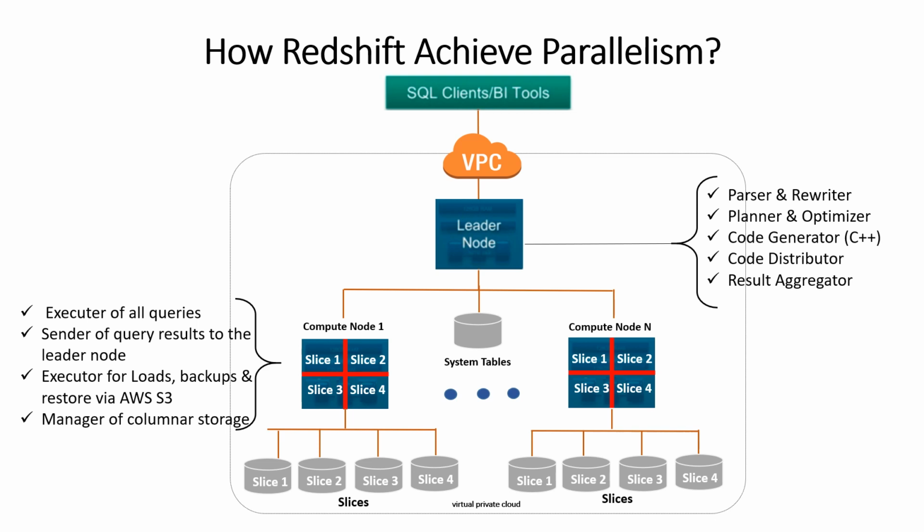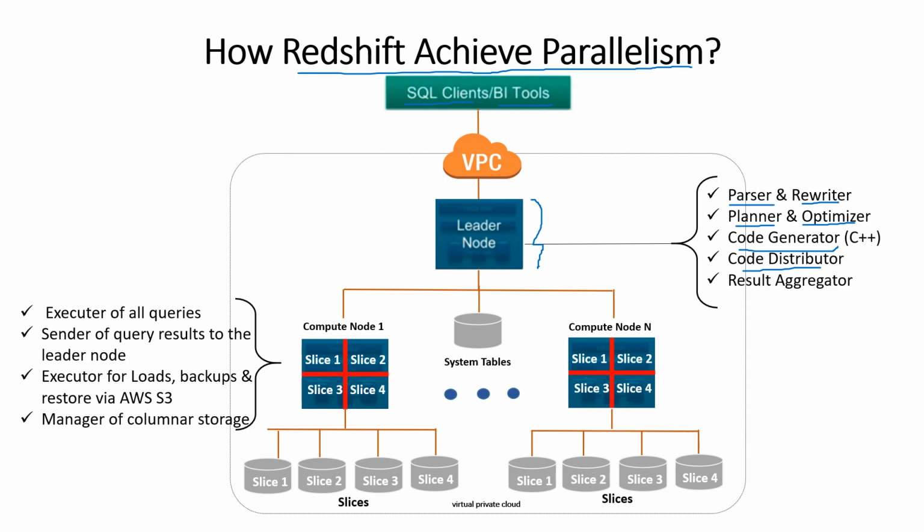In this section, we would like to have a deeper dive and find out how Redshift achieves parallelism. When a query comes from a SQL client or a BI tool, the leader node receives it and then it parses it, rewrites it, and does some planning and optimization, and it generates C++ code and distributes the code among the compute nodes.